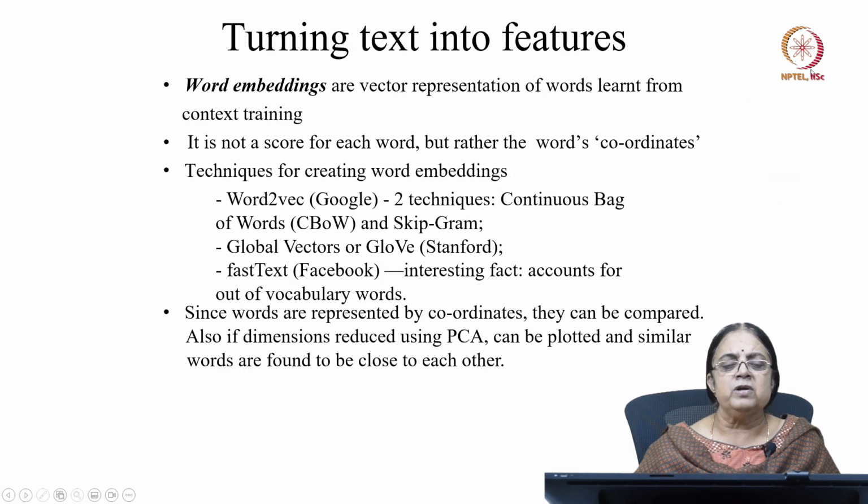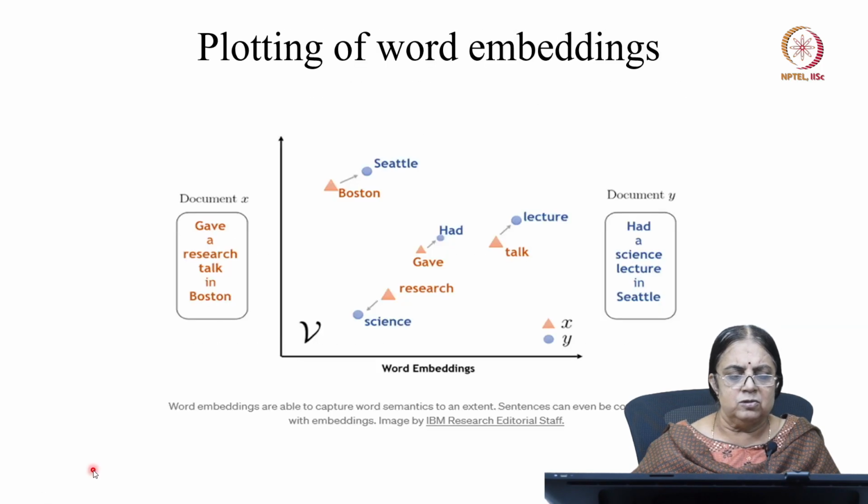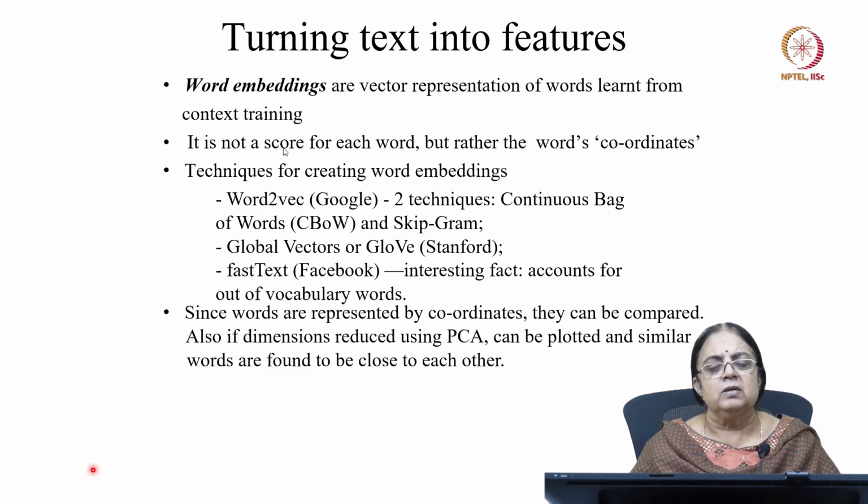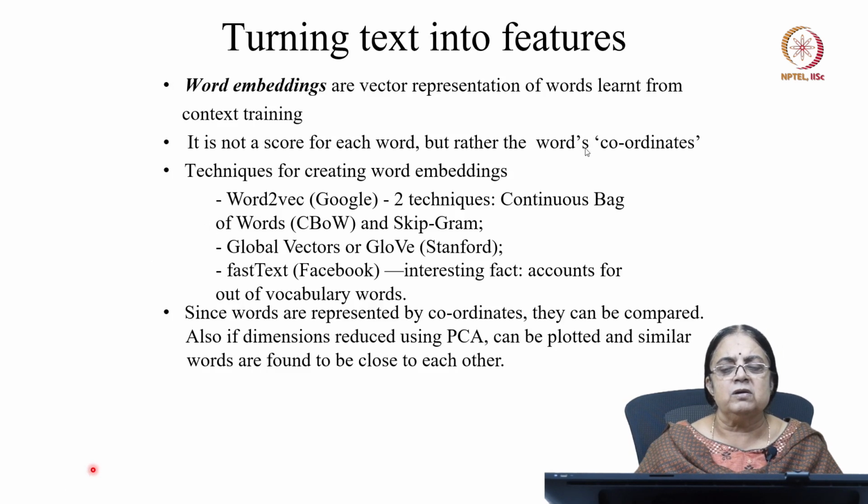Then you have what are known as word embeddings. Word embeddings are vector representations of words learned from context training. It's something like the coordinates of the words. There are a number of techniques for this.